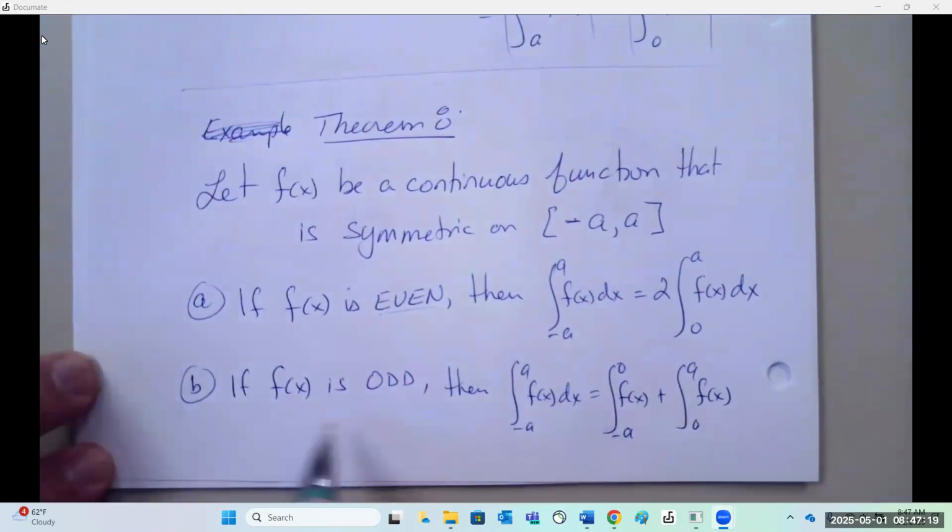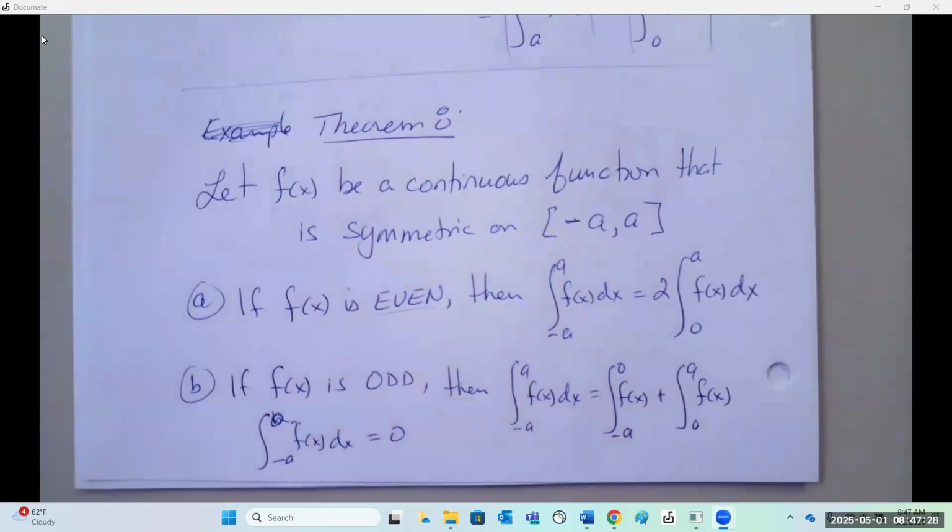In other words, if you start off with a function, take the integral and it comes to 0, then we know it's an odd function and we have to split it up.